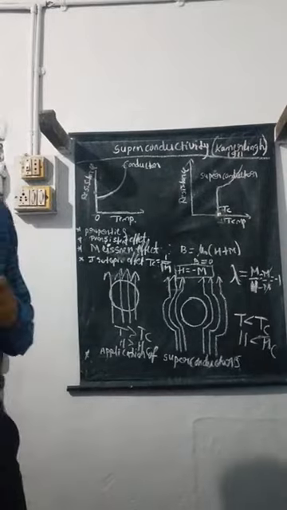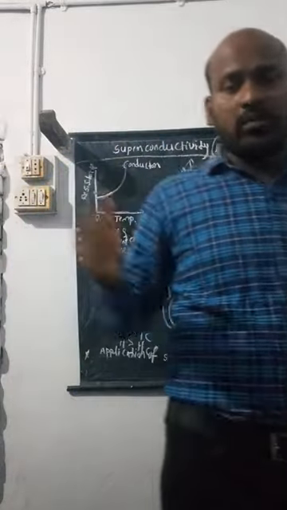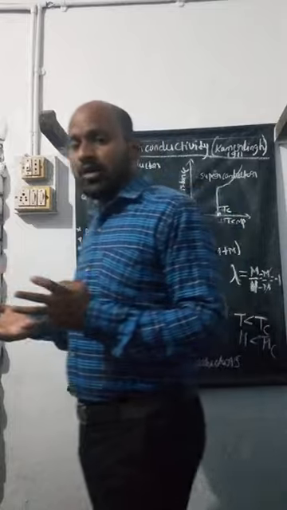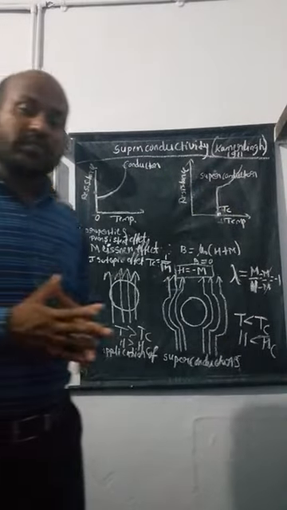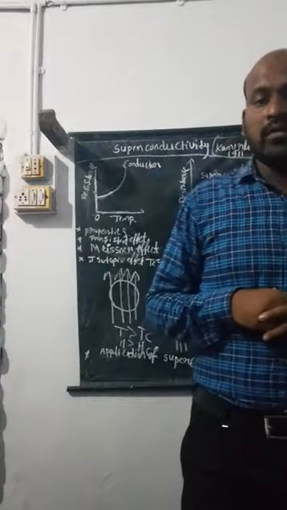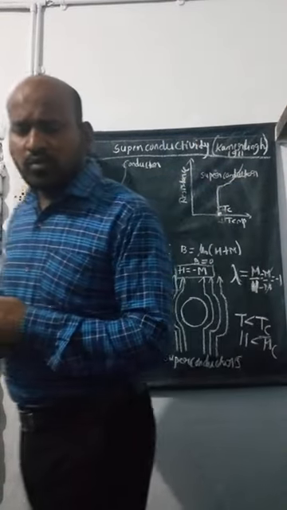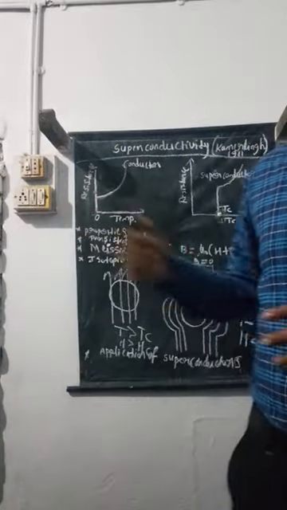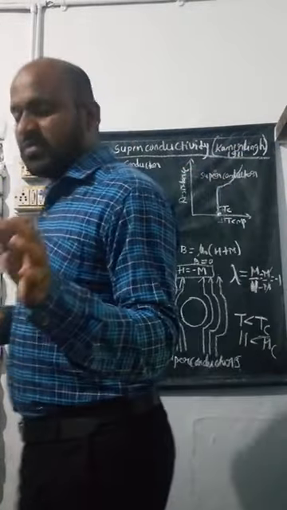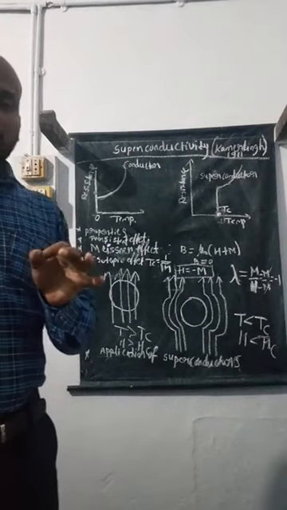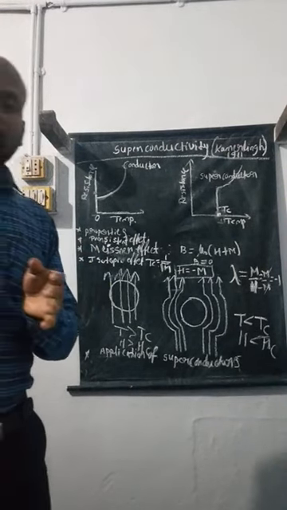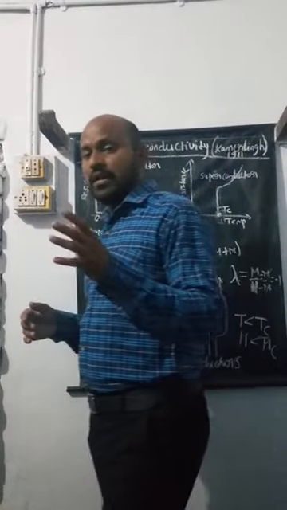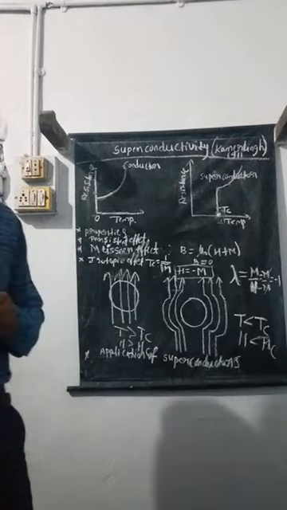Persistent current means the current flows for a long time. It flows for a long time when the electric resistance is zero, at the critical temperature. At that point, current flows in that material for a long time. This is the persistent current.